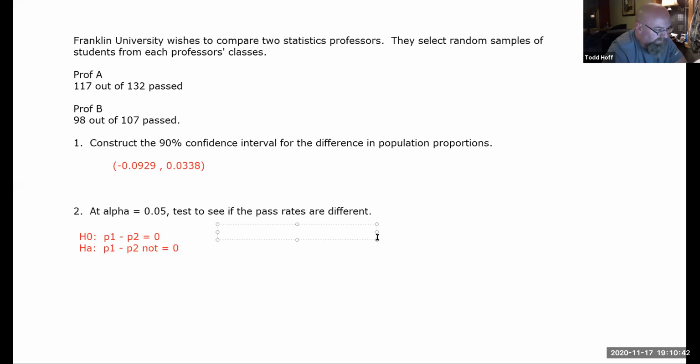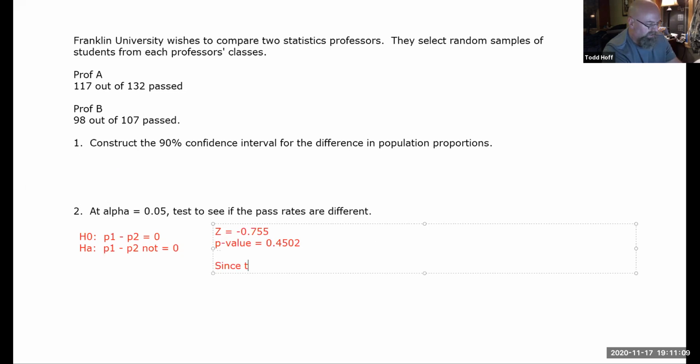So our test statistic here, it is a z-test because it's proportions. So our z-score, test statistic, is a negative 0.755 with a p-value of 0.4502.